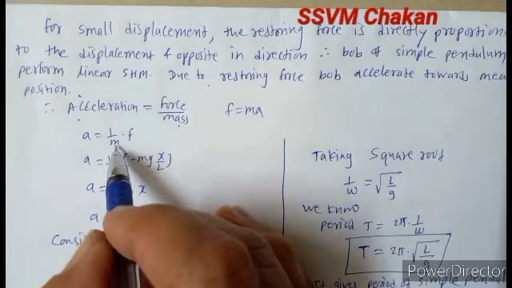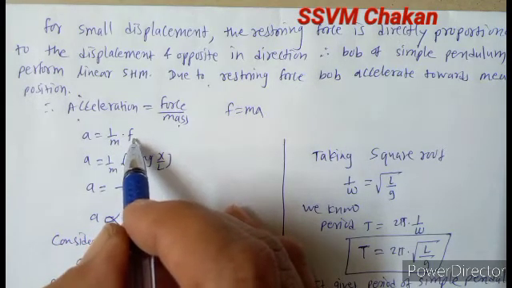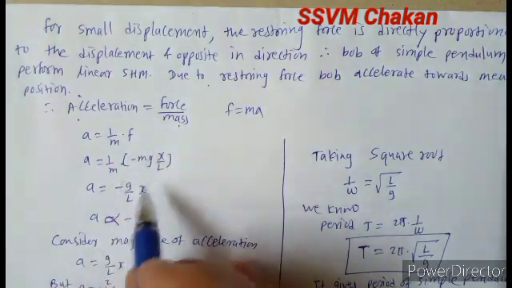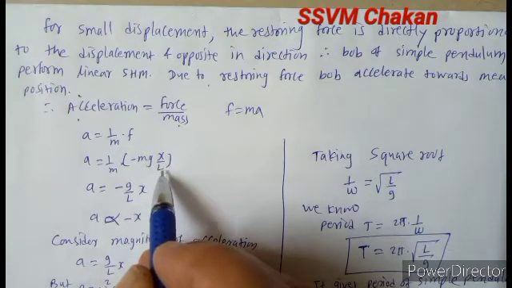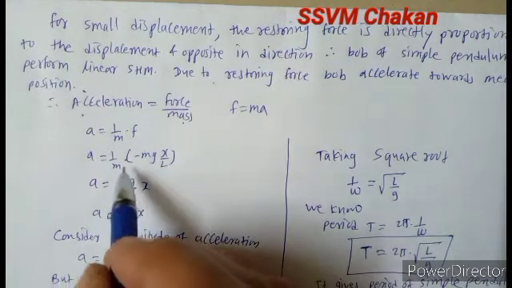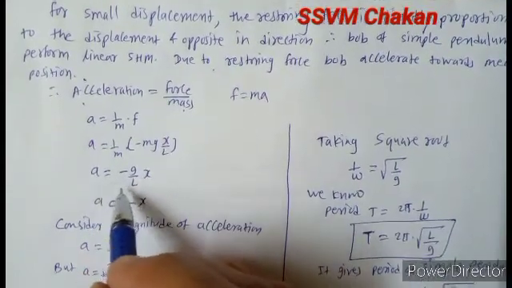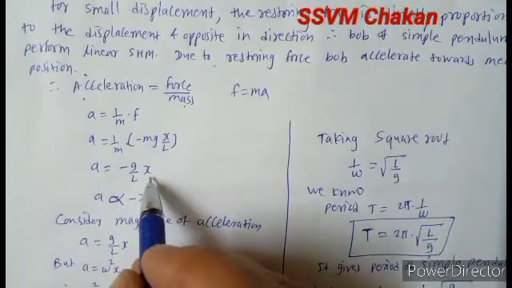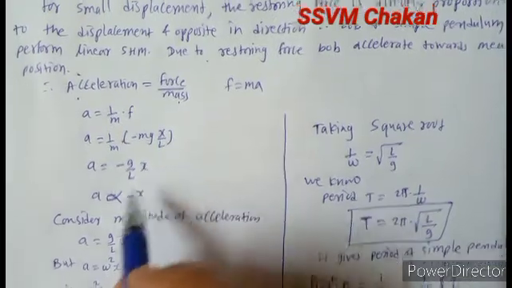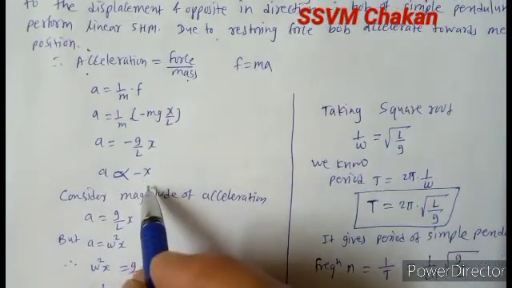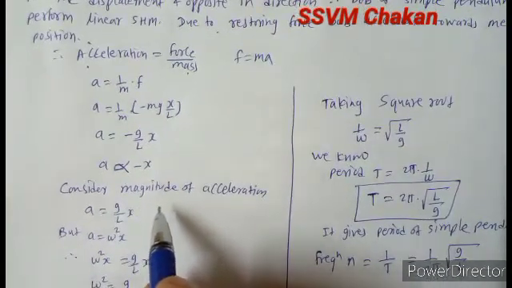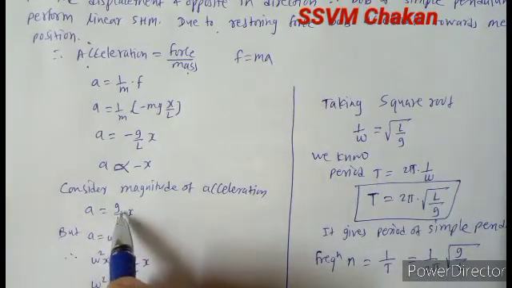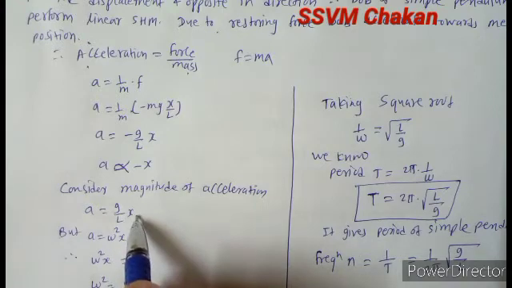So a equals 1 upon m into F. Substitute the value of restoring force as minus mg into x divided by L. M cancels, so a equals minus g divided by L into x, which indicates that a is proportional to minus x. Considering the magnitude of acceleration, a equals g divided by L into x.